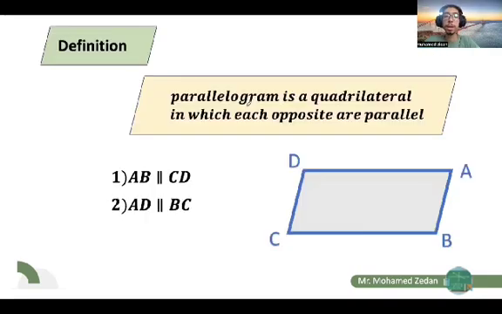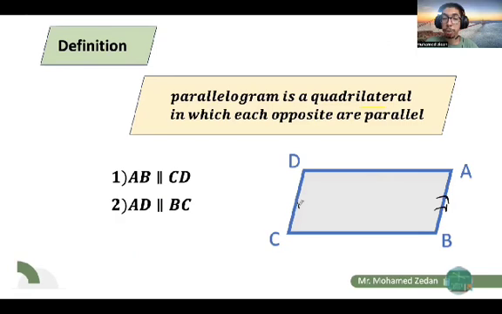Then, the definition of a parallelogram: it is a quadrilateral. Why a quadrilateral? Because it consists of four sides. Four sides, quadrilateral. A parallelogram is a quadrilateral in which each opposite side is parallel. Look at AB.